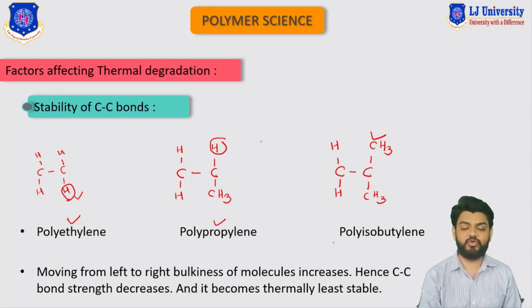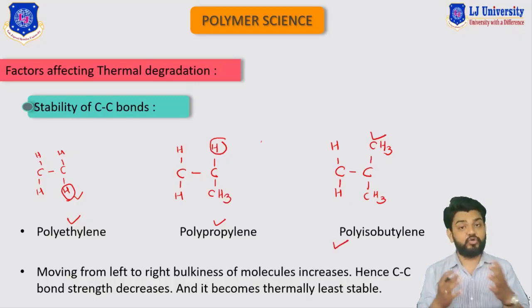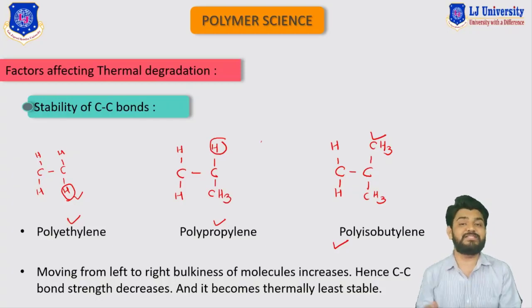And polyisobutane is even more bulky because it has two CH3 groups attached to its second carbon. As we move from left to right, molecules become more and more bulky.